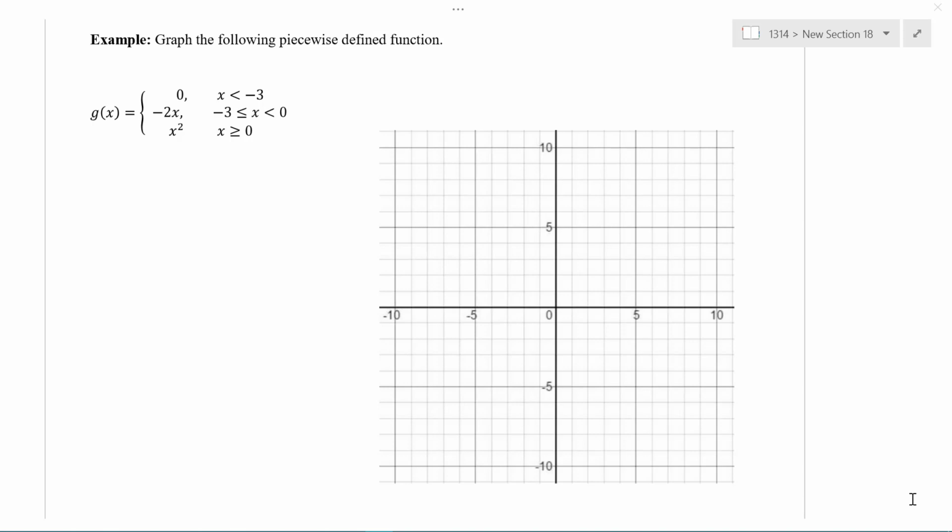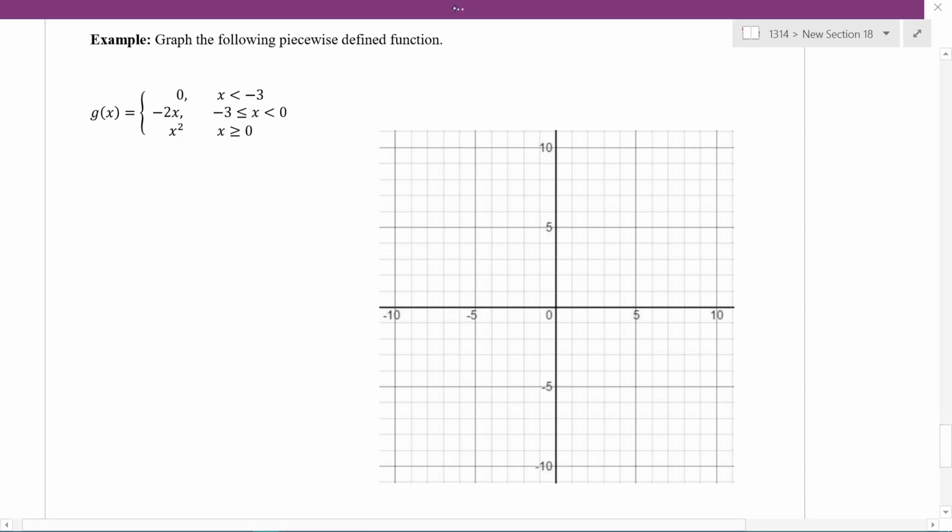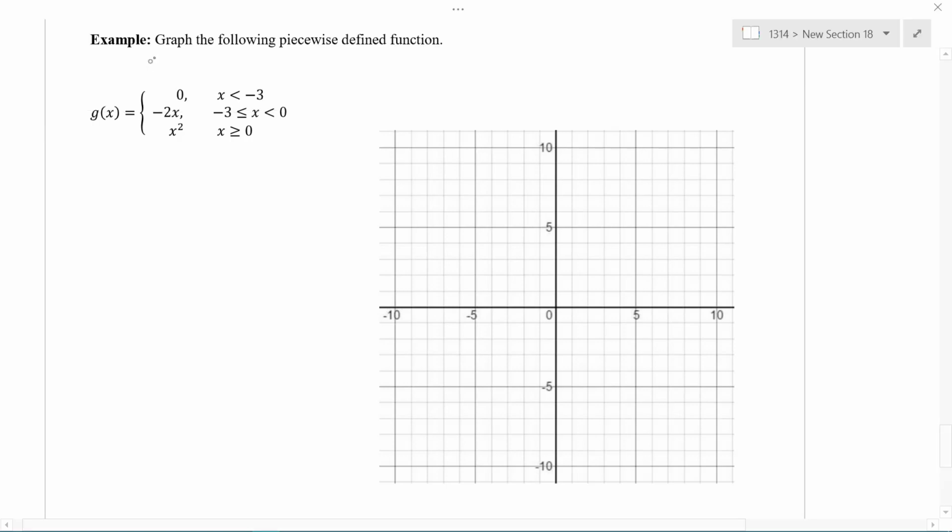We have x squared when x values are greater than or equal to 0. So this one is a little different because we actually have 3 different equations. A piecewise function can have as many equations as you wish.